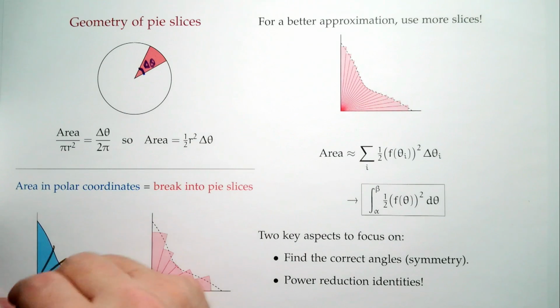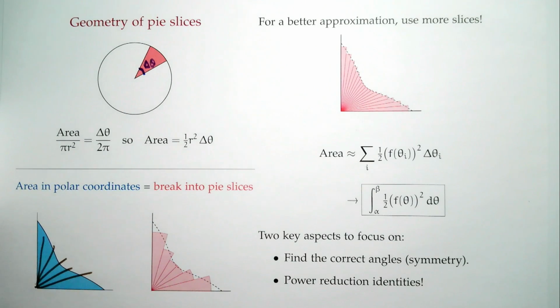So we're breaking our shape up into slices, and we're saying, well, look, each slice we can approximate by a pie wedge. And this is sort of the result if we break it up here into 6 wedges, where what we've done is the angles here are all equal. So we've split our angles up so they're equal.